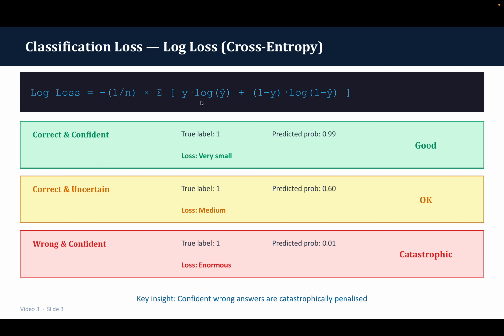You take the sum for every actual and predicted value, and then divide it by the number of observations.